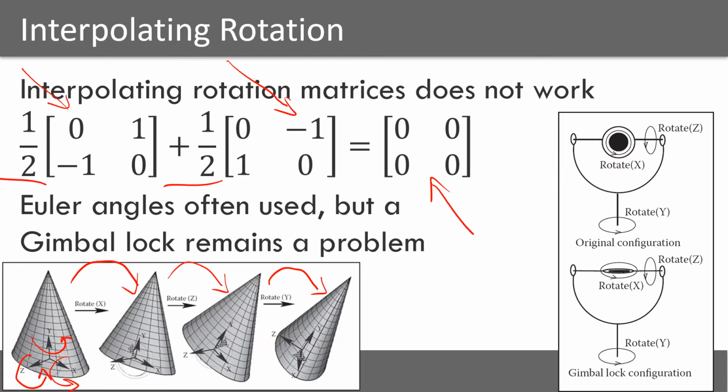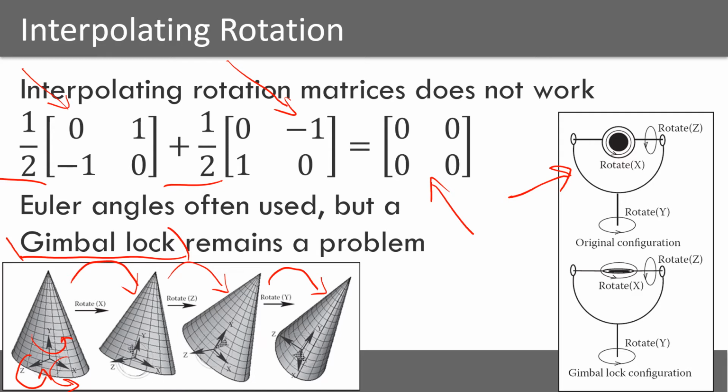The problem here is that we might end up in something called a gimbal lock. I don't want to go into the details of what the gimbal lock is, but in principle, you can imagine a gimbal, which is an object shown here, that you can rotate around three axes. But once you rotate one axis into another axis so that they are aligned, you create the gimbal lock.